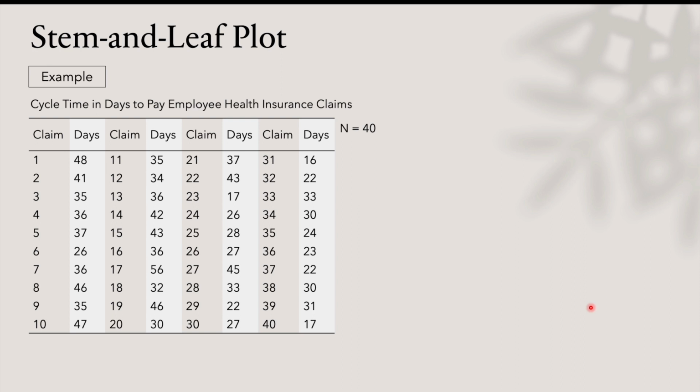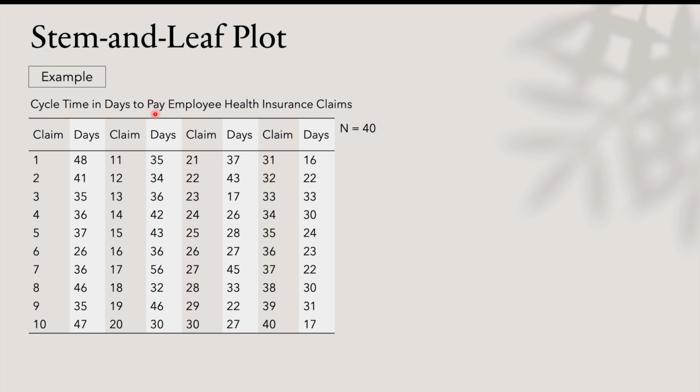Let us take a look at an example. This is a data set which is actually the cycle time in days to pay employee health insurance claims. Cycle time means the time that it takes for a certain task or a process to complete.